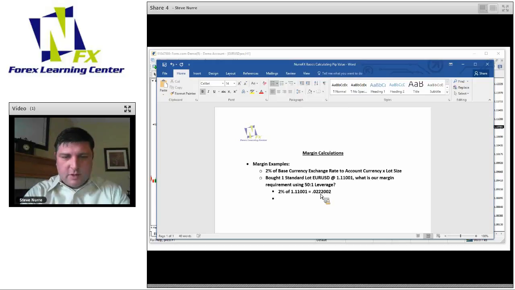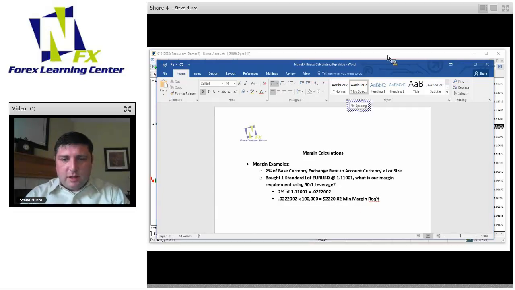Now, since I traded a standard lot here, I take that number and I multiply it by 100,000, which is my lot size, and that's going to come to $2,220.02. Now, I haven't looked at our account balances yet, but this is what we call minimum margin requirement.